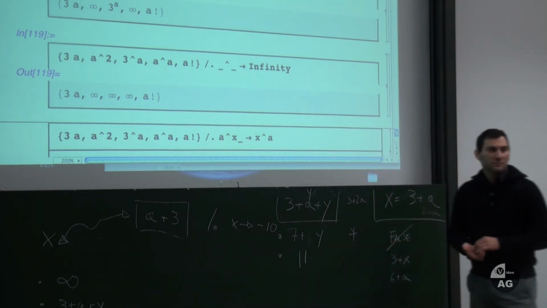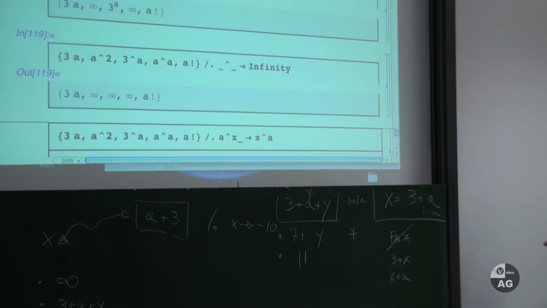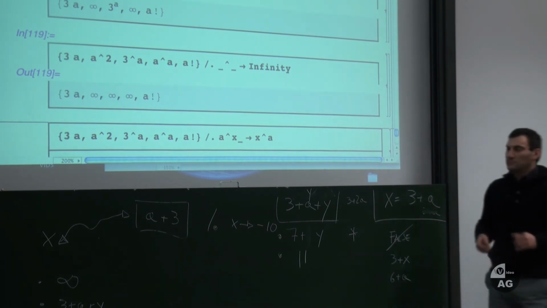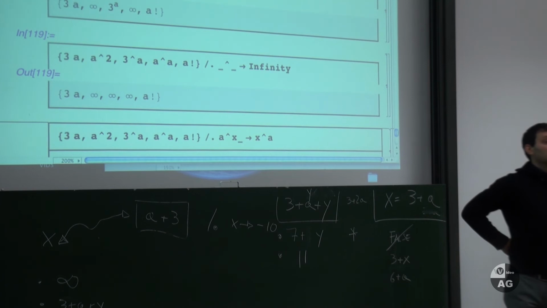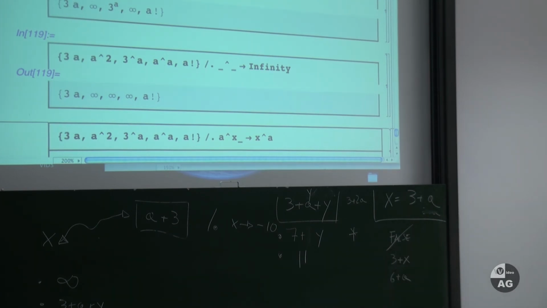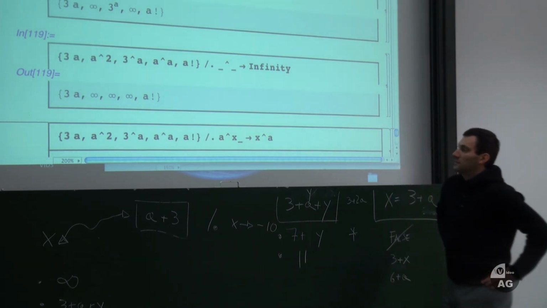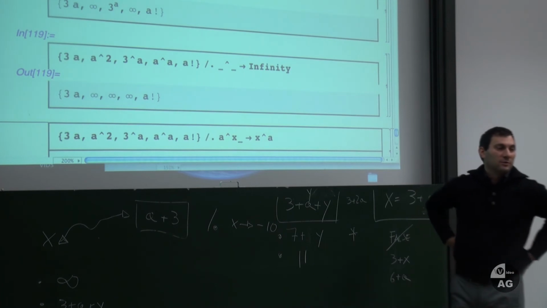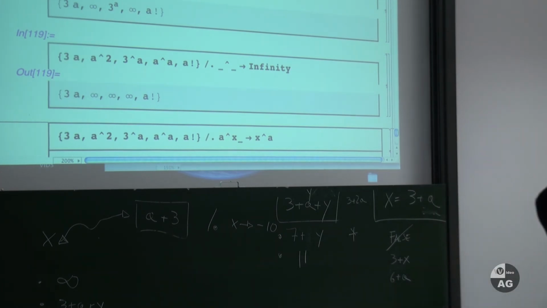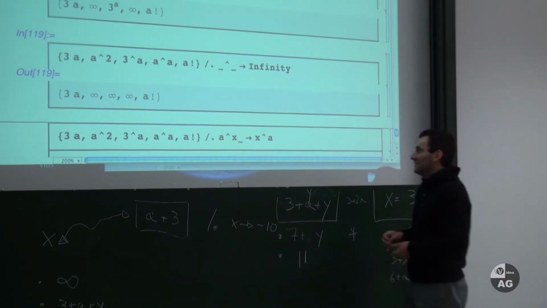What happens here? Nothing actually. Nothing? Yeah? I match the x command to x, and then replace x with a. Okay. So read the output. 3 to the power of a to the power of a. Okay, you know patterns already.